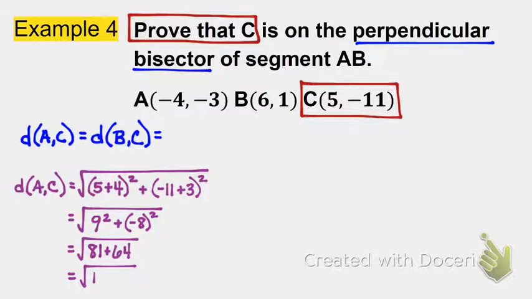A little bit bigger. 145. If it was 61 and 64, it would have been 125. I'm not even going to bother trying to simplify that, because all I care is that the other distance is the same as that one.